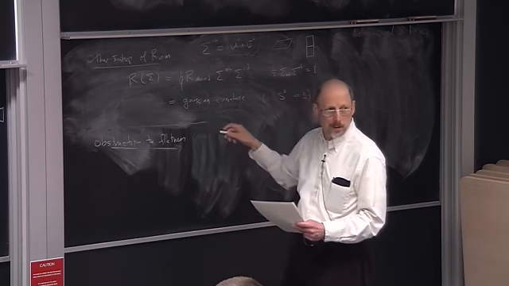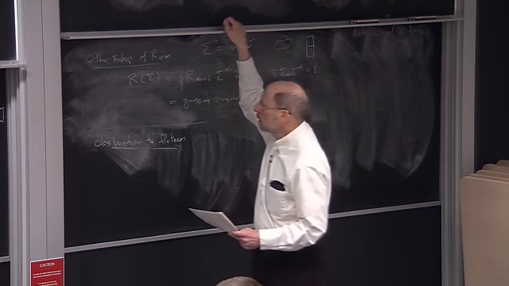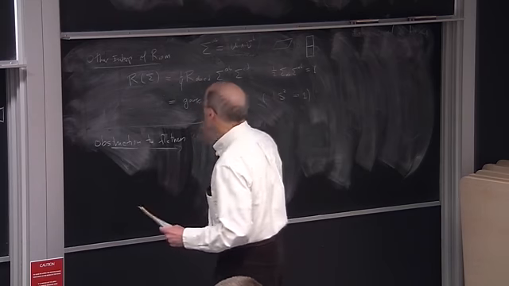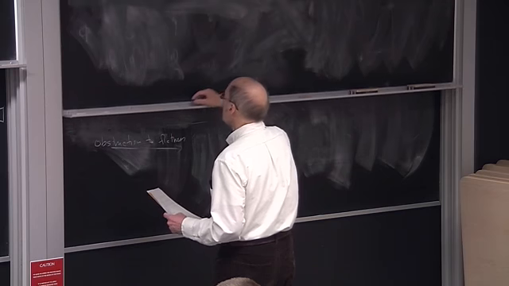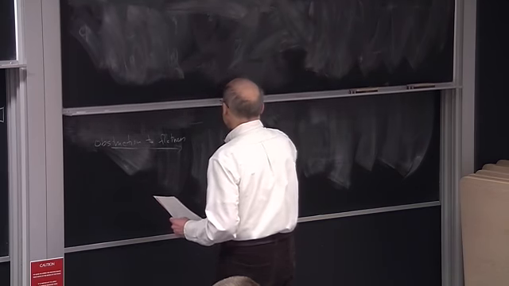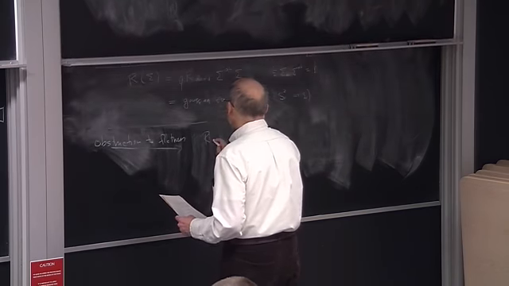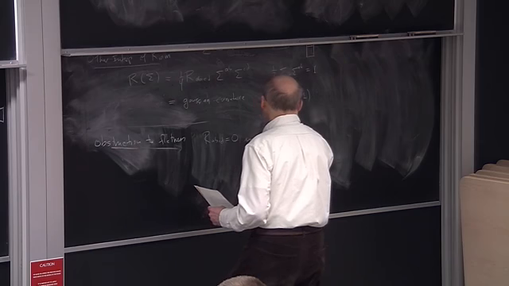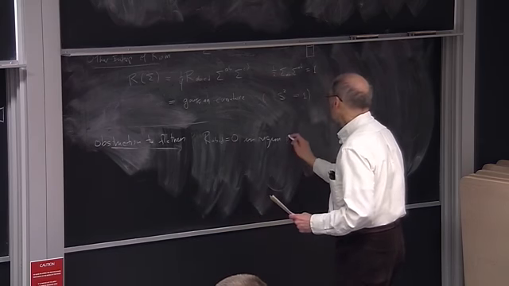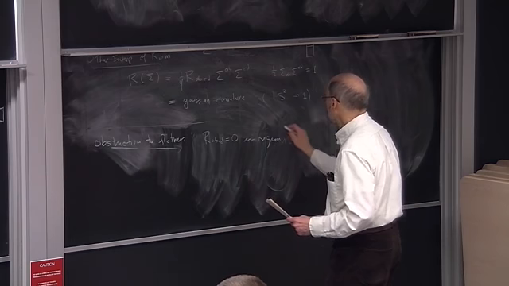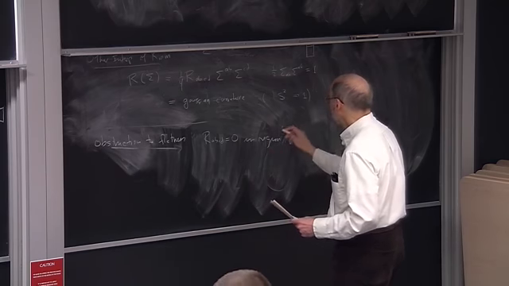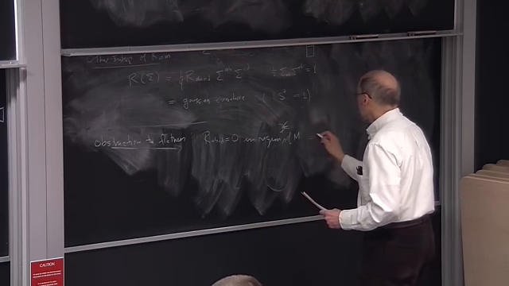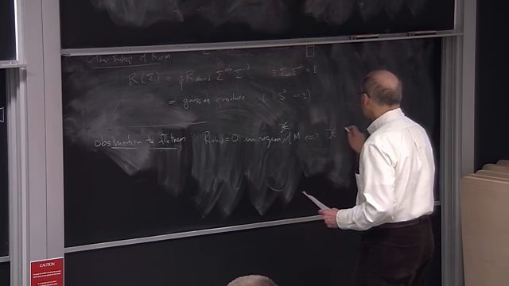So the other interpretation is the one that we in some sense started with, which is that it's an obstruction to flatness. What it means is that the Riemann tensor equals 0 in some region of M if and only if that region is flat.